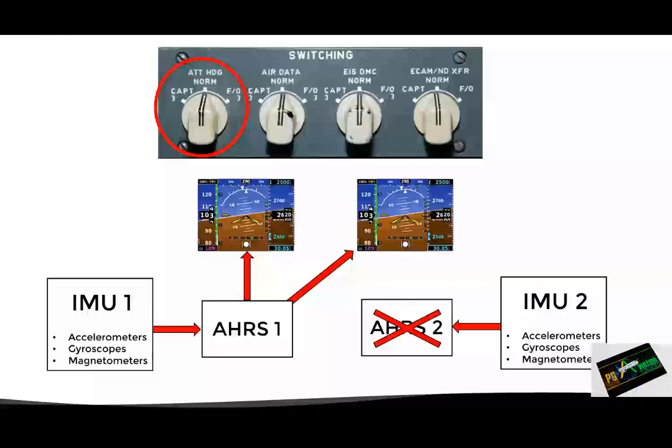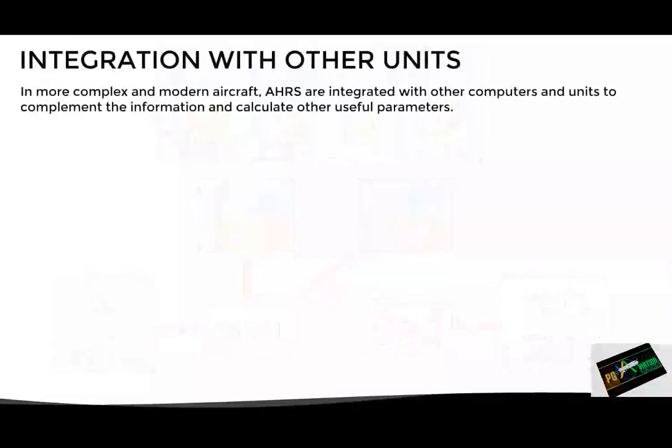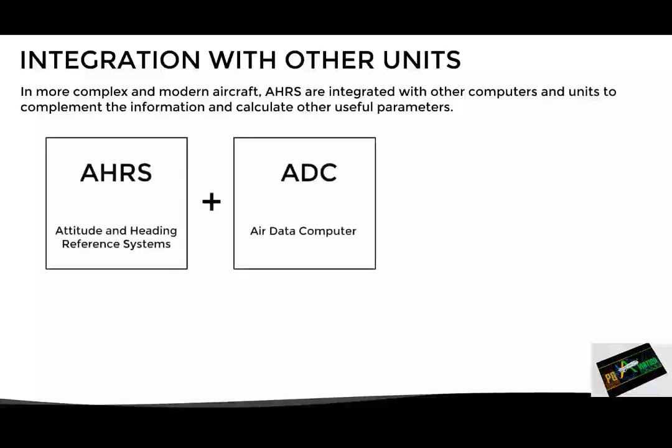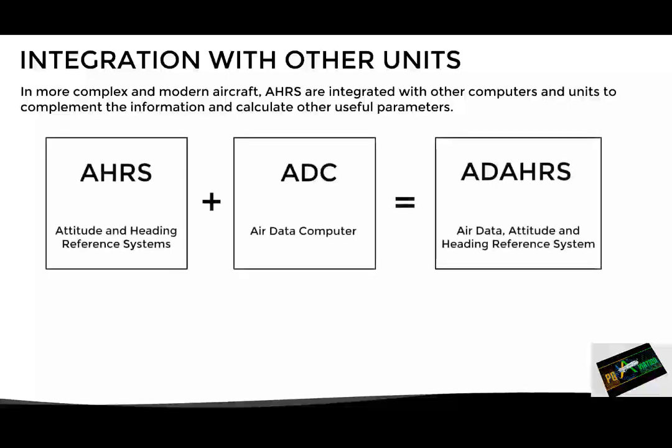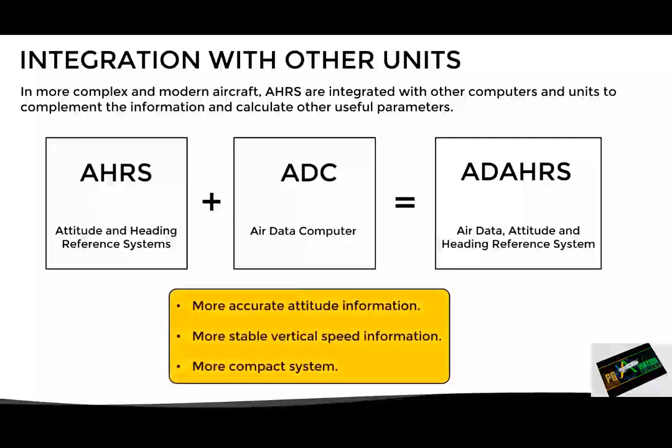Now, as with the air data computer, in more complex and modern aircraft, the AHRS is integrated with other computers and units to complement the information and calculate other useful parameters. For example, it can be integrated with an air data computer, obtaining the air data, attitude and heading reference system. This new unit allows increasing the accuracy of attitude information, gives a more stable vertical speed indication, and compacts 2 units into one.